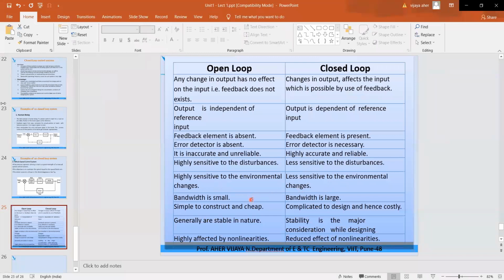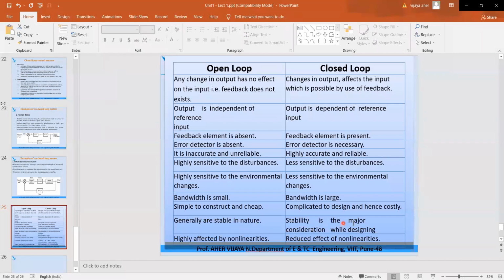Bandwidth is small in the case of open loop. Bandwidth is large in the case of a closed loop system. Now about construction: open loop is simple to construct and cheaper. A closed loop system is complicated to design and hence it is costly. Open loop systems are generally stable in nature, whereas closed loop systems depend on stability.